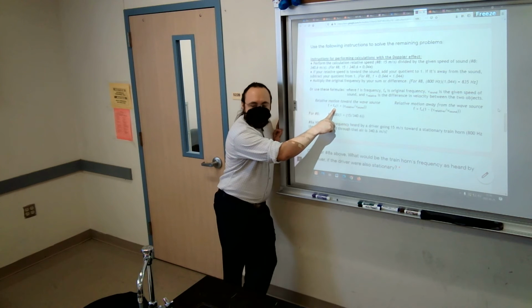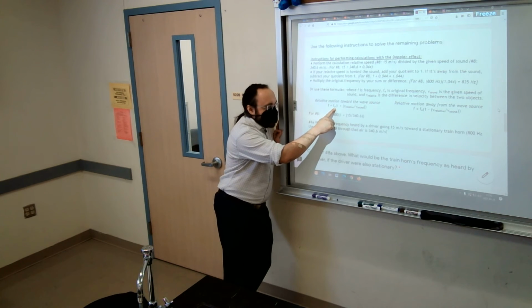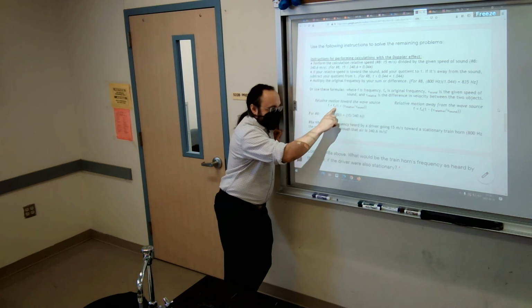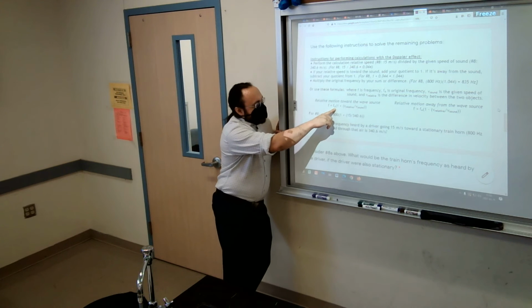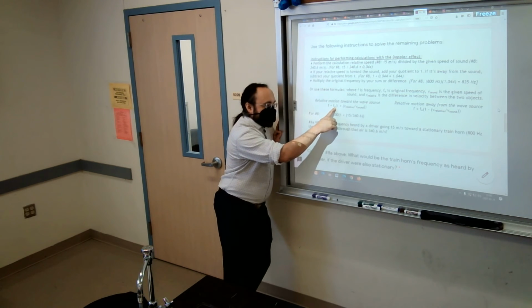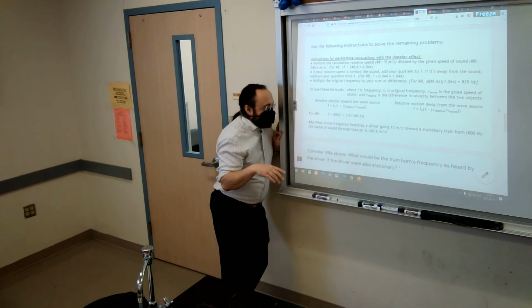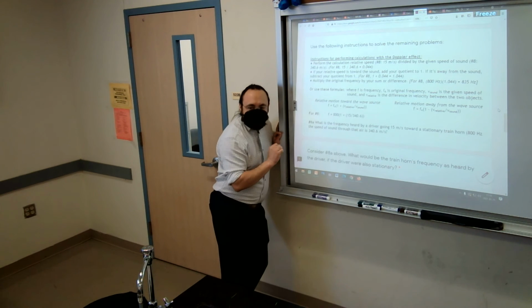F naught, N-A-U-G-H-T, that's what this little circle is. I like to think of it as original frequency, even though it's not an O, it's a naught. That's the original frequency, like what you would hear if there were no relative motion between you and the wave source, like if you're in the car honking the horn.